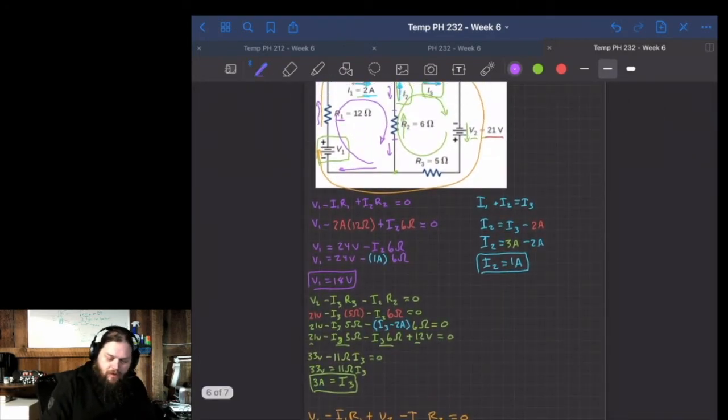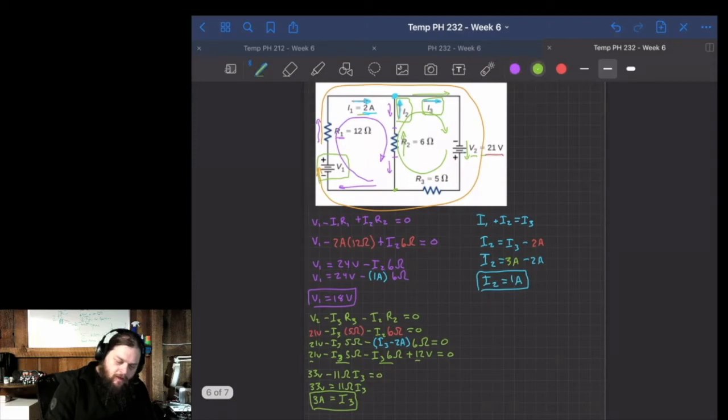So of the 4 equations I had to use 3 of the equations because I had 3 unknown values. And in doing that, I solved that V1 is equal to 18 volts. I2 is equal to 1 amp. So this guy here is 1 amp. And I3 here is equal to 3 amps.